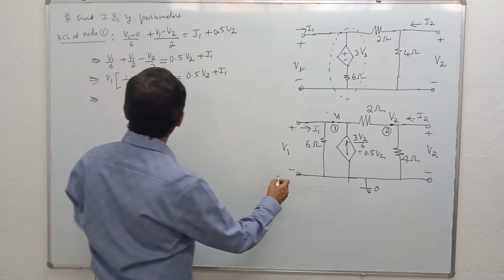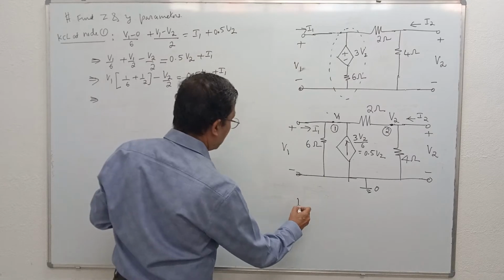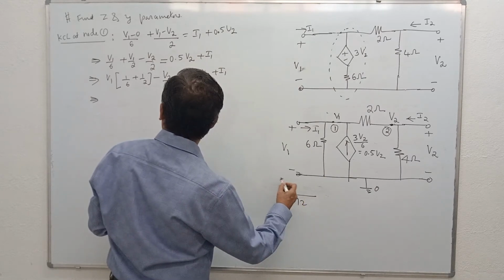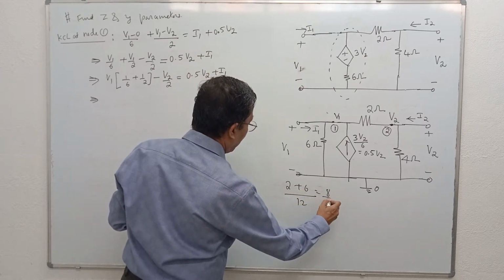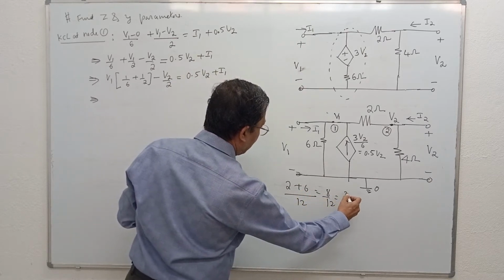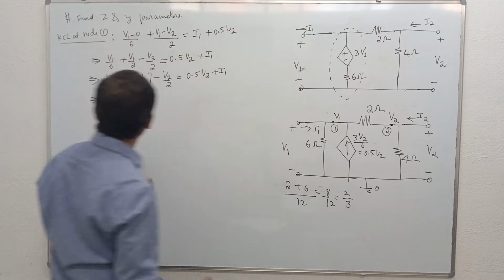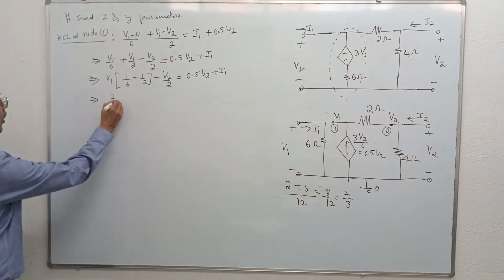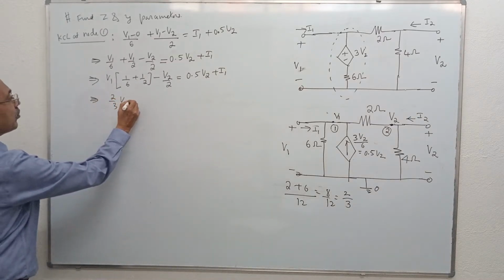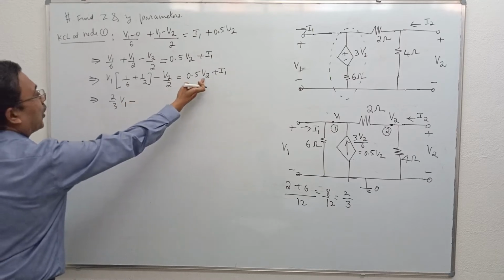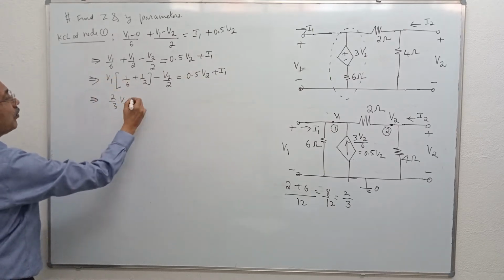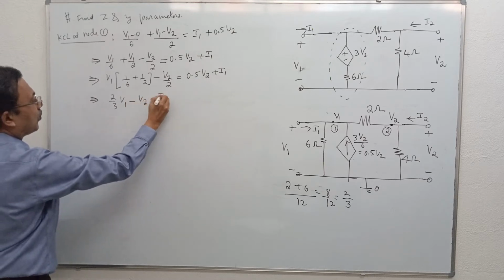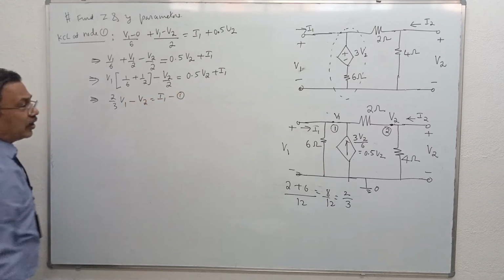Taking LCM 12, this is 2 plus 6, you get 8 by 12. 8 by 12 is 2 by 3. So this is 2 by 3 V1 minus V2, you take this 0.5 V2 to the other side, so minus 0.5 minus 0.5 is minus 1, minus V2 is equal to I1. This I will call equation 1.